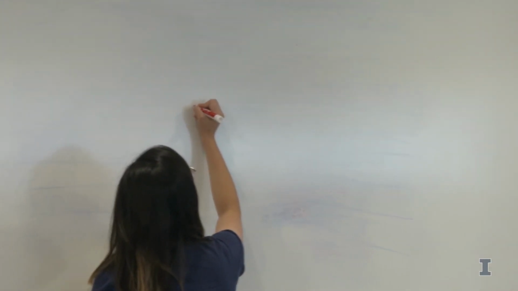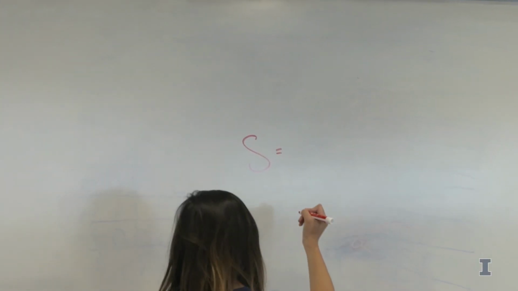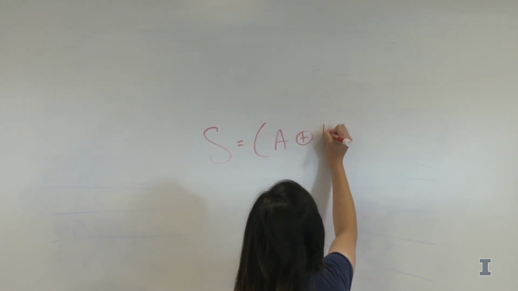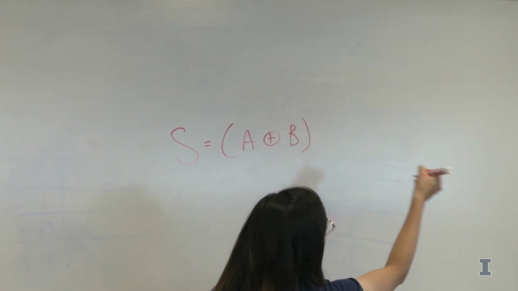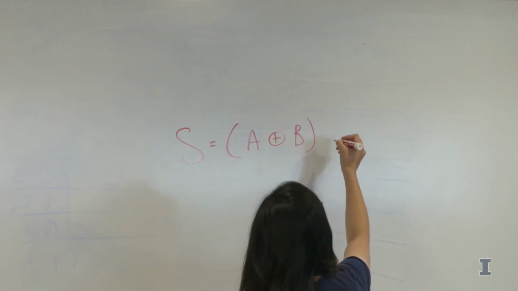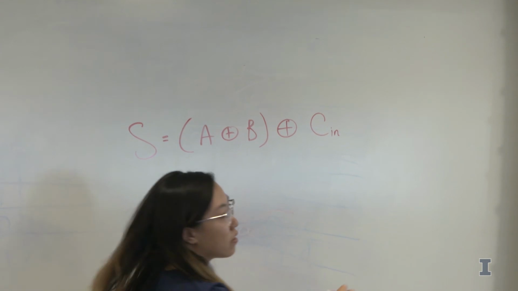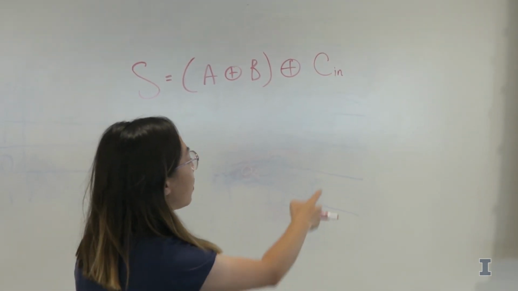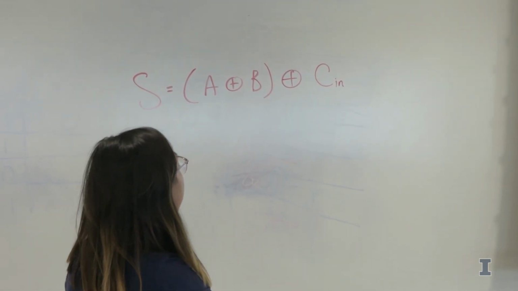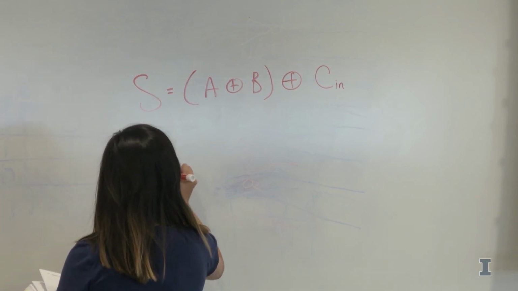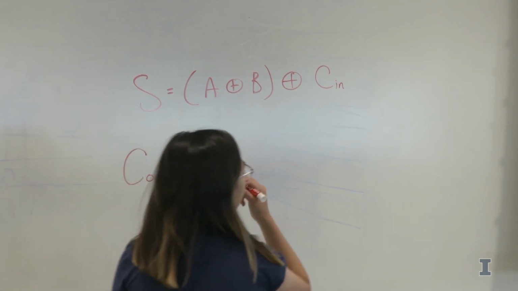So for our sum, that's going to be equal to A exclusive OR B, that first gate over there, and then that's going to be exclusive ORed with C in, following the 2 gates up top, which lead to S. And then C out is a little more complicated.